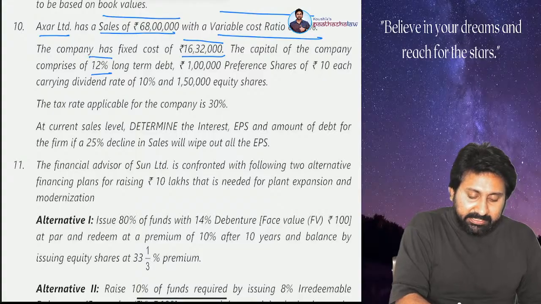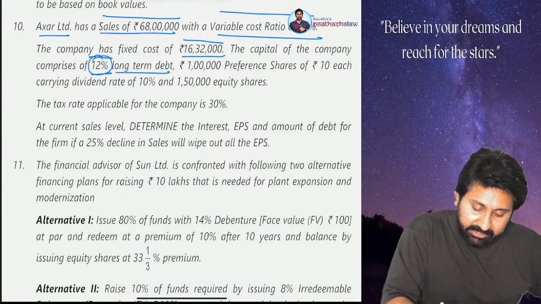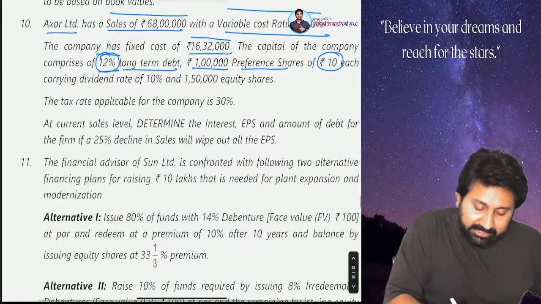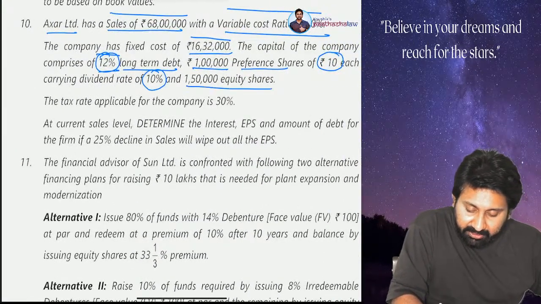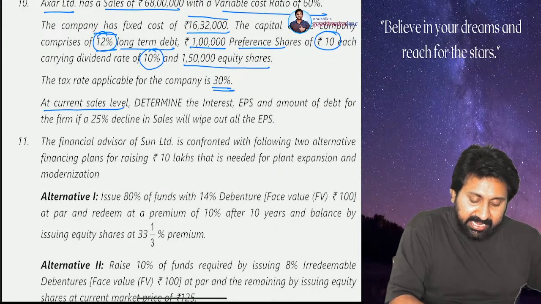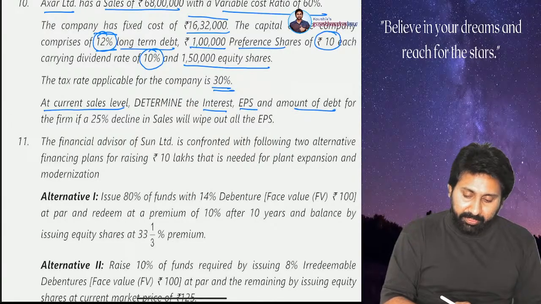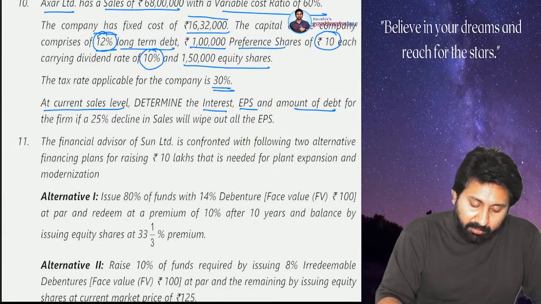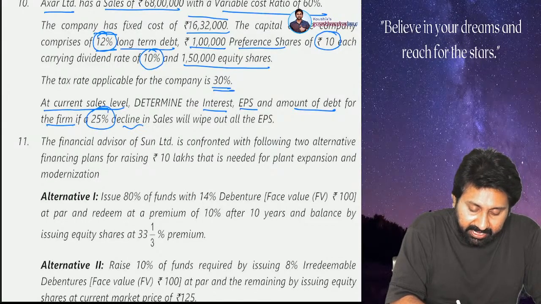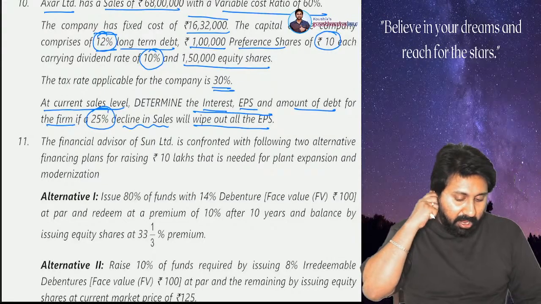Capital is 12% long-term debt, interest rate 12%. 1 lakh preference shares of rupees 10 each, dividend rate 10%. 1 lakh 50,000 equity shares. Tax rate 30%. At the current sales level, determine interest, EPS and the amount of debt for the firm, if a 25% decline in sales will wipe out all the EPS.